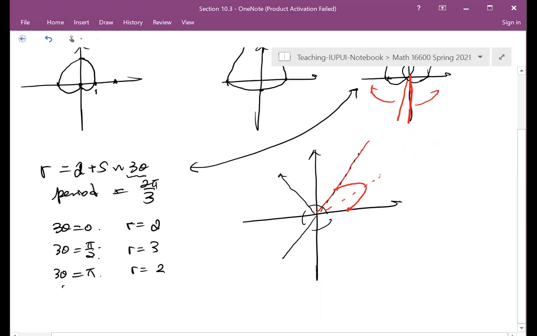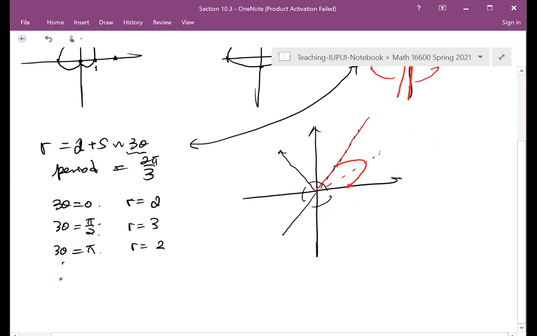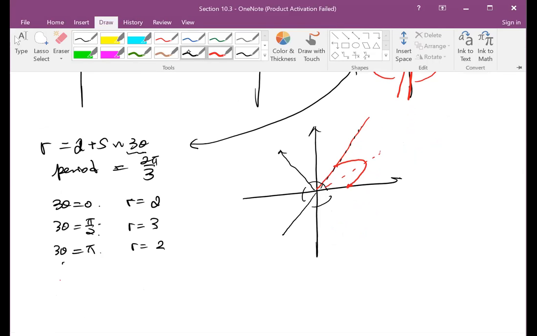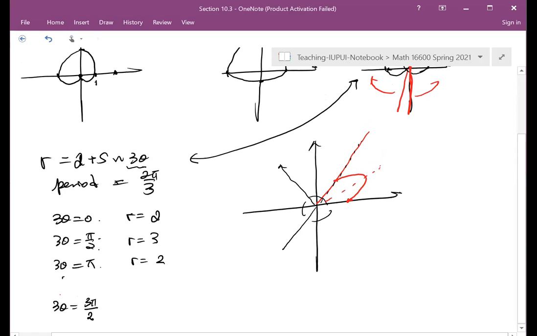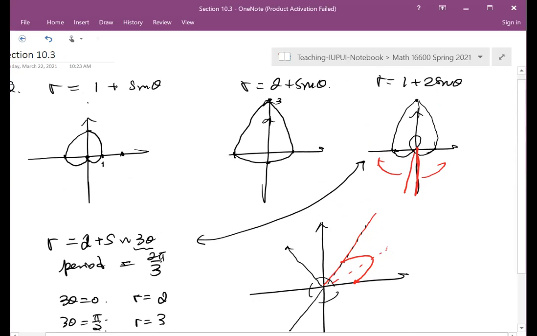Now when 3 theta equals 3 pi over 2, then r is going to be, I'm sorry, this should be similar to that one, not this one. It's 2 plus sine theta.